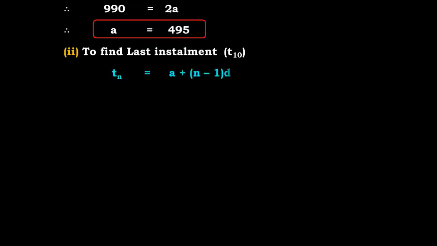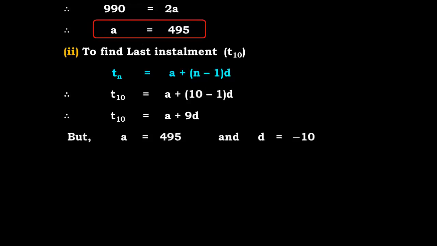So you can use the formula Tn is equal to a plus n minus 1 into d. So T10 is equal to a plus 10 minus 1 into d. 10 minus 1 is 9, and we have the first installment 495 and d is minus 10.